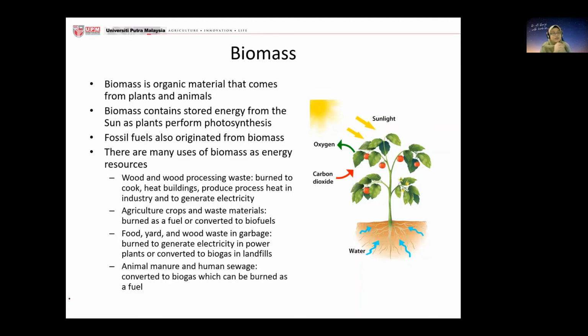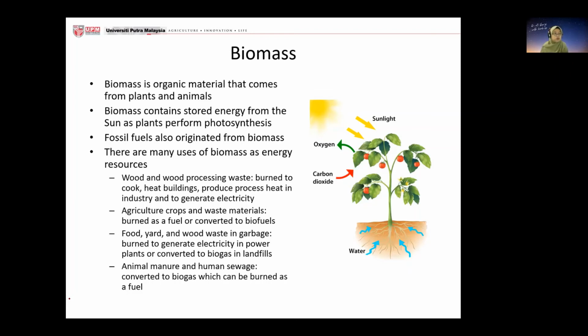Basically, biomass contains stored energy from the sun, because plants are the primary producers. They generate their own food, produce oxygen, and fix CO2.